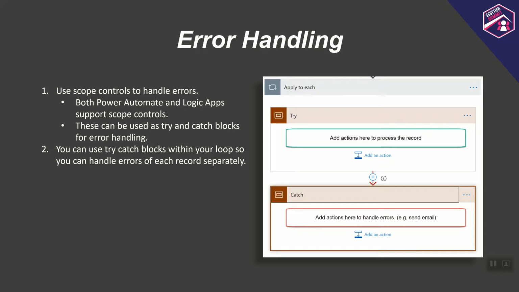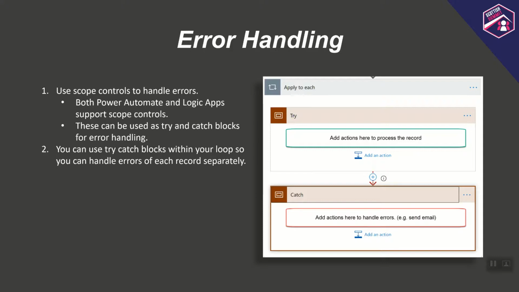In development, we use try and catch blocks to execute some actions, and if something fails or an exception occurs, we catch it and handle the errors in a proper way. Similarly, in Logic Apps and in Power Automate, there's a control called scope, and you can use this scope control to group certain actions together and also use them as try and catch blocks.